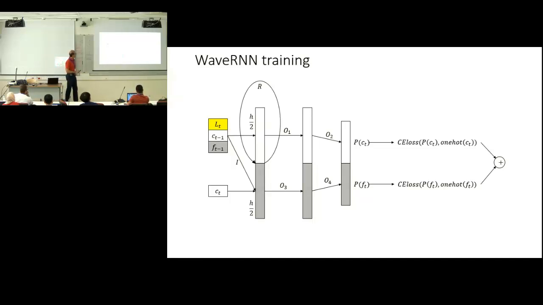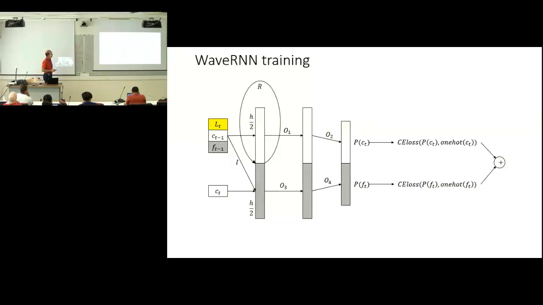So let's see how the WaveRNN is trained when the output of the network is coarse and fine bytes. During the training we get this linguistic or acoustic information, the conditioning information.